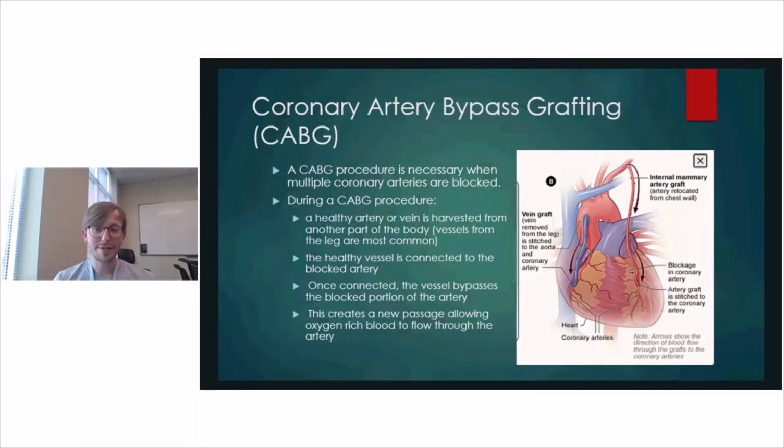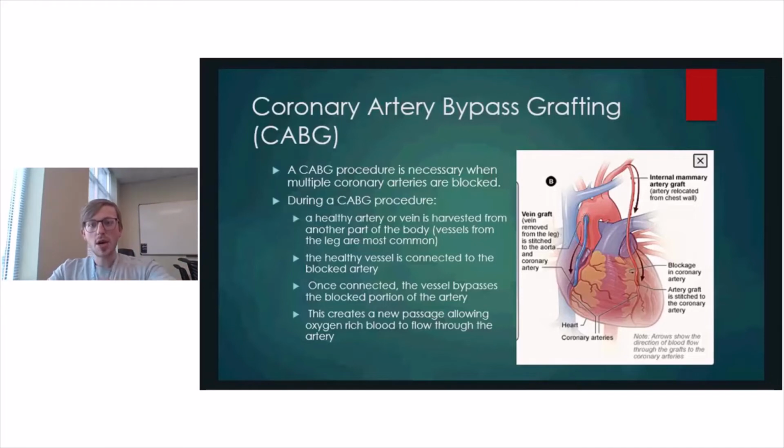Once that vessel is connected, it will bypass the blocked portion of the artery, and that creates a new passage which allows blood and oxygen to get around that blocked artery to keep supplying your heart muscle with the blood that it wasn't getting before. And on the right here, I've got a little visualization for you.